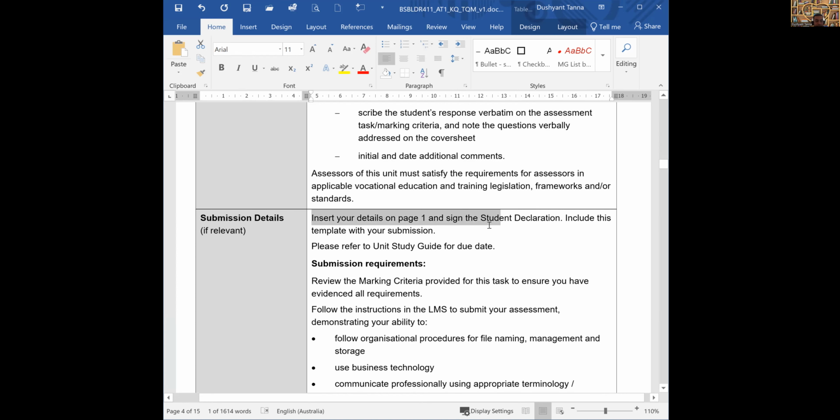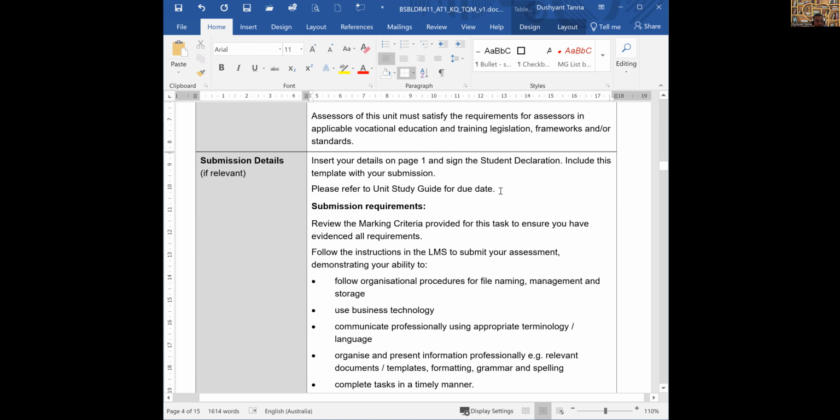Insert your details and sign the declaration. Review the marking criteria. Now I will share the marking criteria with you. Let me just open that to ensure it's the right document.